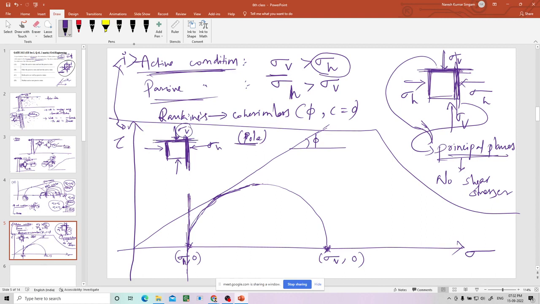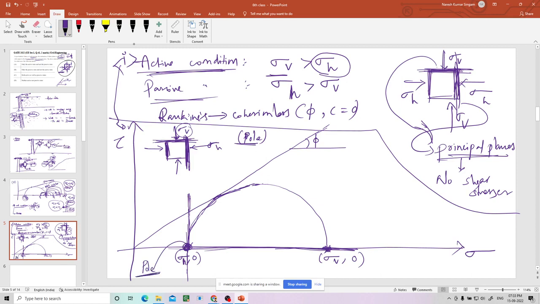It is acting on a horizontal plane. So I'll draw one horizontal line from sigma v. Now these two lines intersect at this point, and that is called the pole. You remember, this is called the pole.